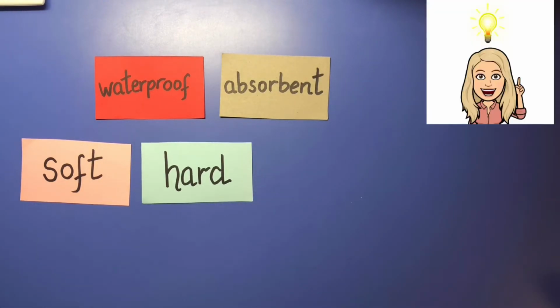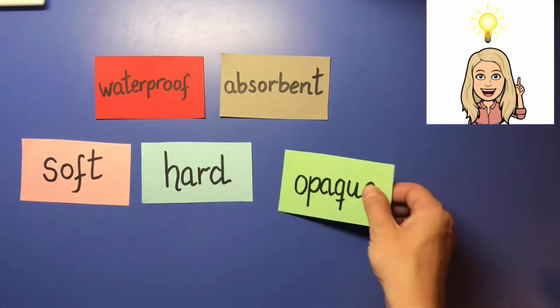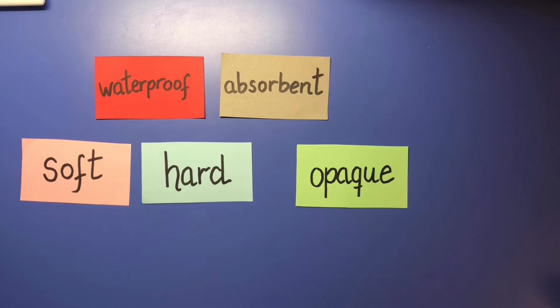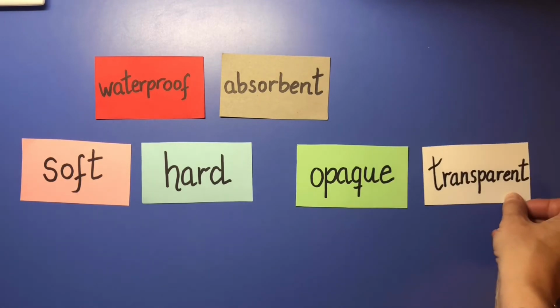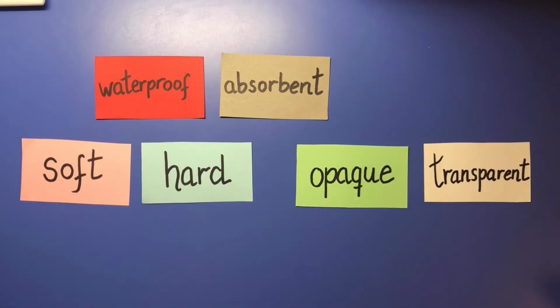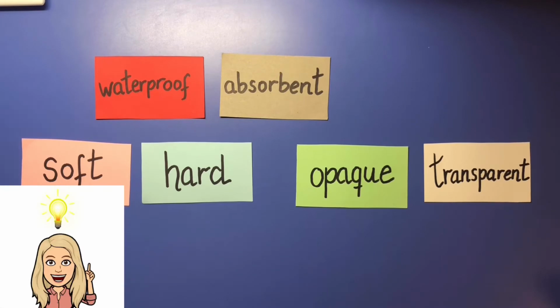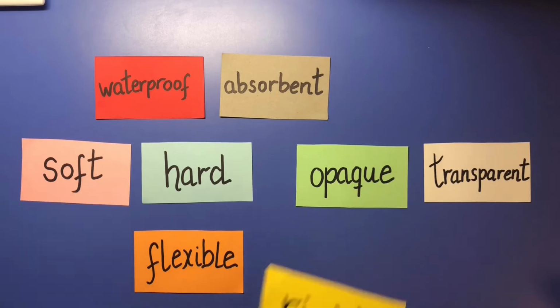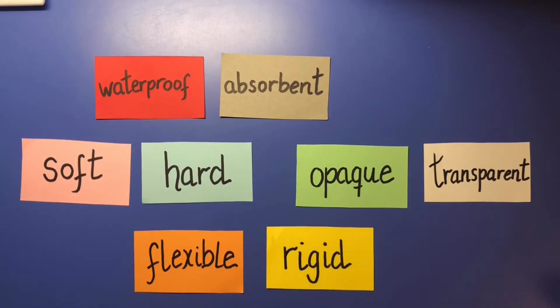What's the opposite of opaque? Transparent. And the last one is, what's the opposite of flexible? Rigid.